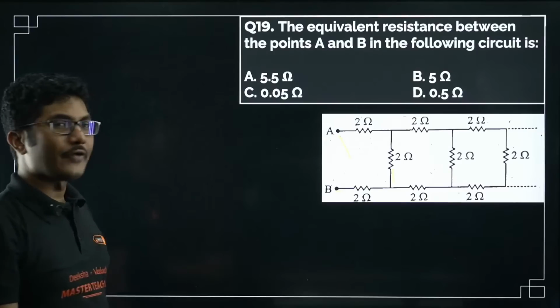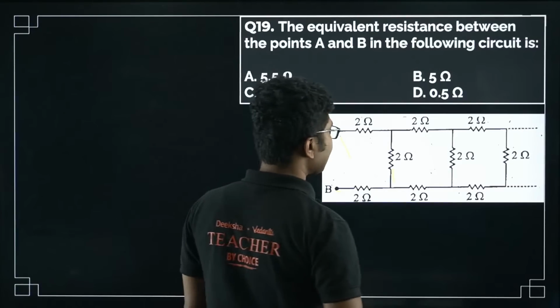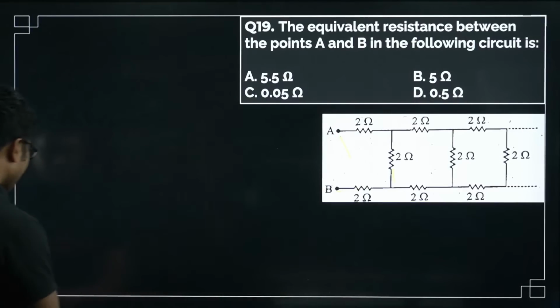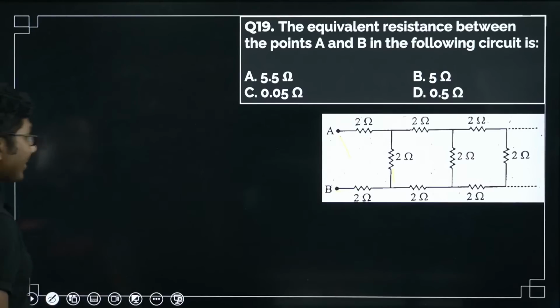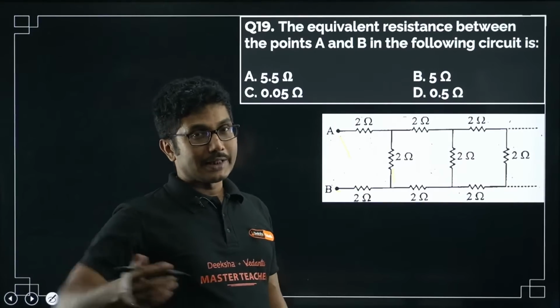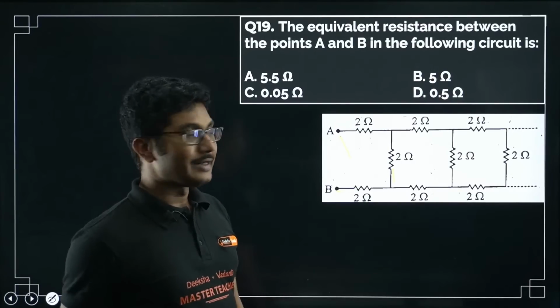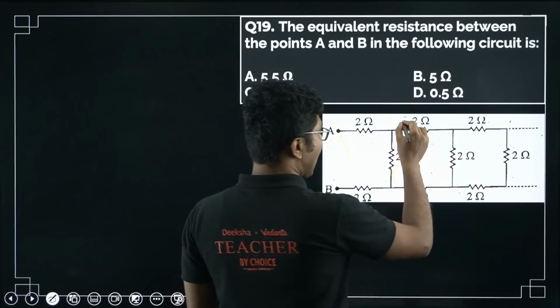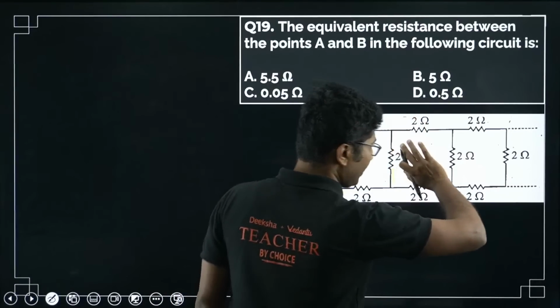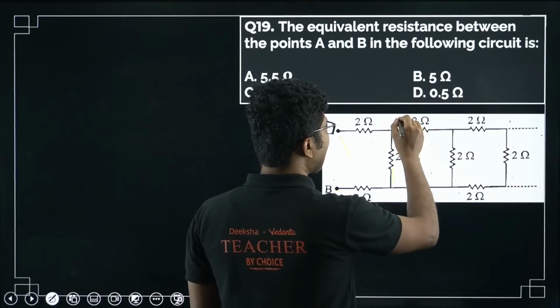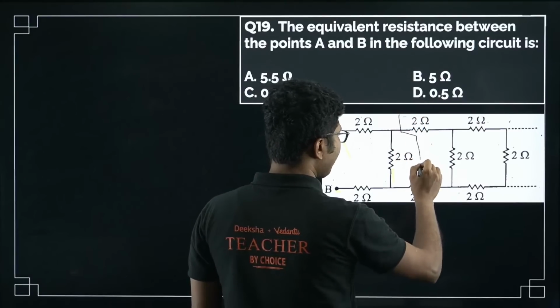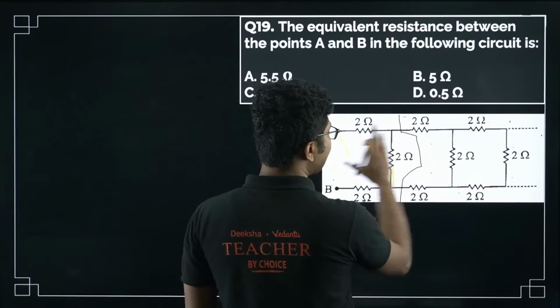So how to find the equivalent resistance for such a circuit? If you have already solved such questions, you might know the trick. If you have not solved it, and you are new, then definitely it will be something new for you. Because it is an infinite circuit, I will cut this circuit from here. I will not consider this part initially.